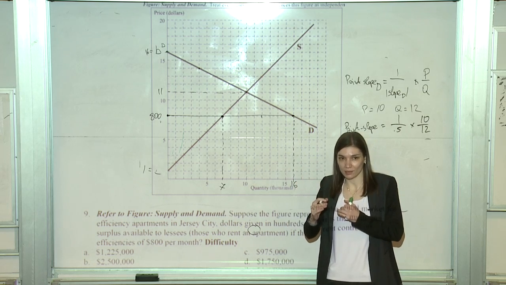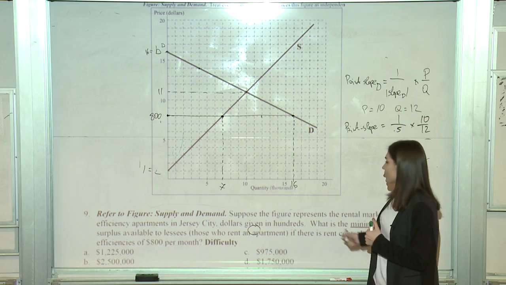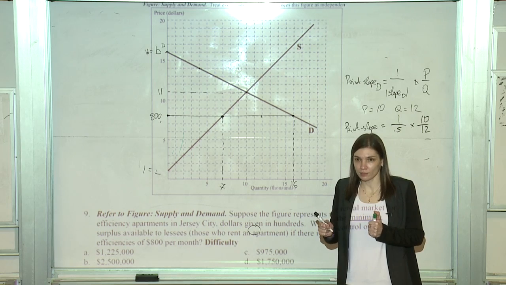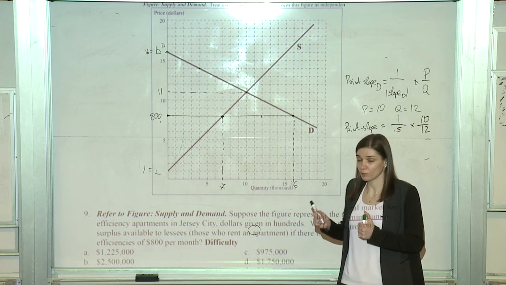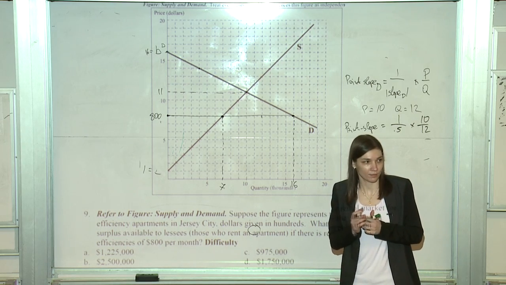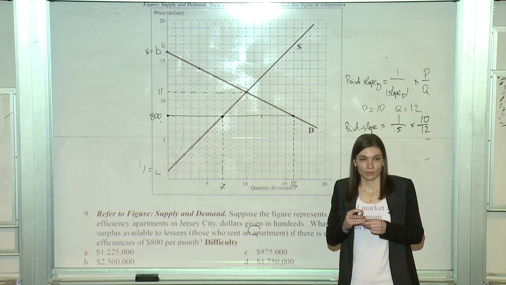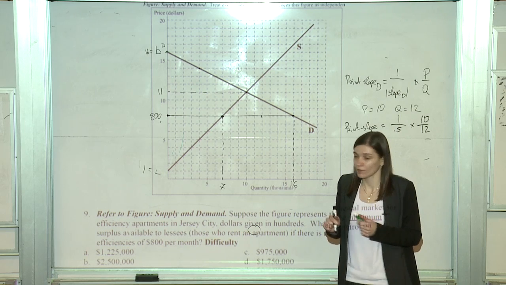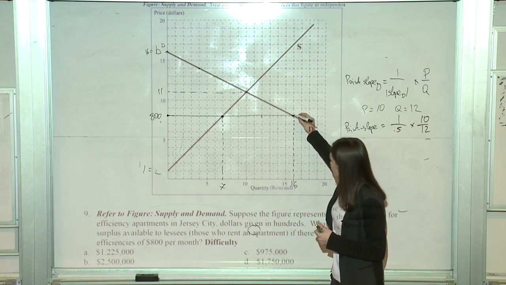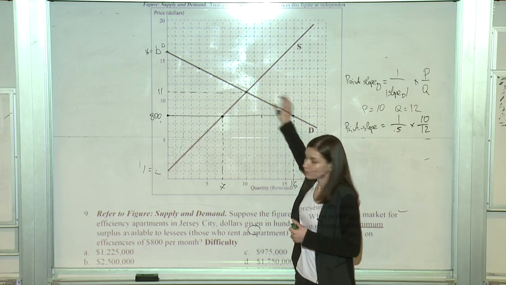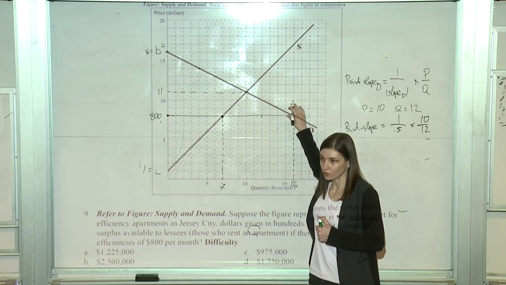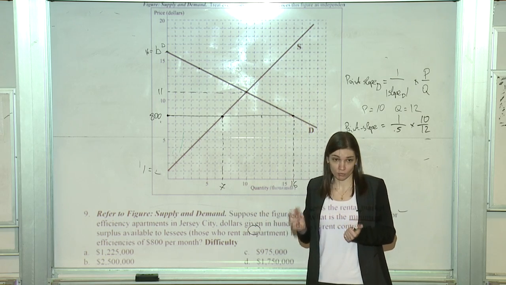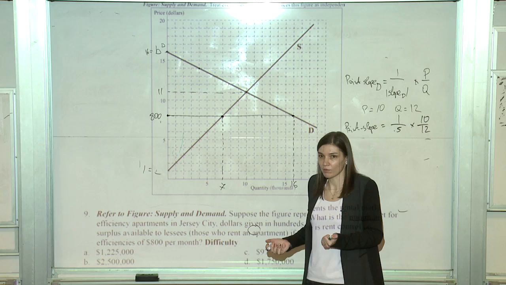So to minimize that, the question is what is the minimum surplus available to them? Who needs to rent those 7,000 apartments so that the surplus is minimized? The ones with the lowest willingness to pay. Exactly, the guys with the lowest willingness to pay. They are here in that part of the demand curve, and we want 7,000 of them to rent because that's how many apartments we have available.